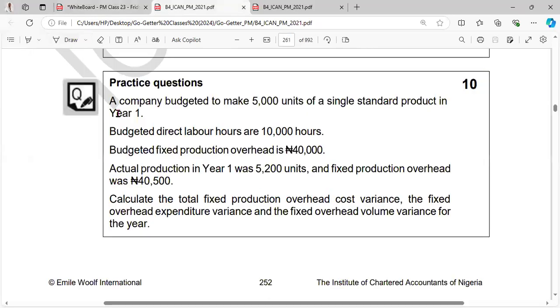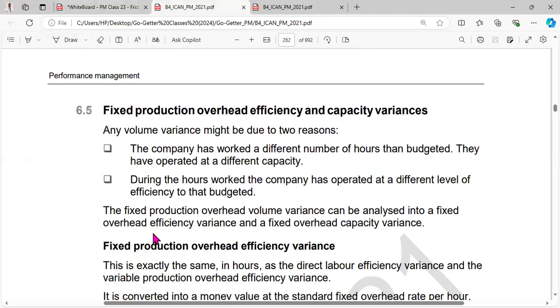Now, fixed overhead efficiency and capacity variance. Any volume variance might be due to two reasons. It might be the company has worked a different number of hours than budgeted, so they have operated at a different capacity. During the working hours, the company has operated at a different level of efficiency than budgeted.